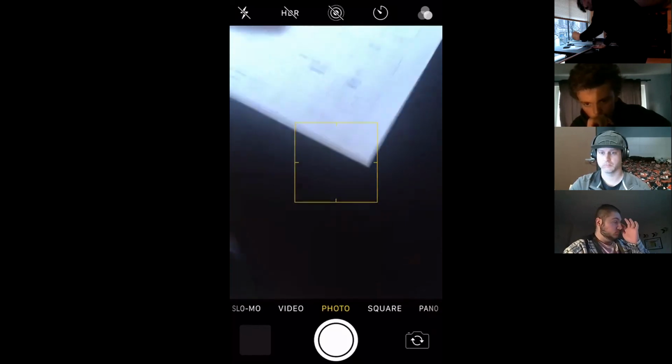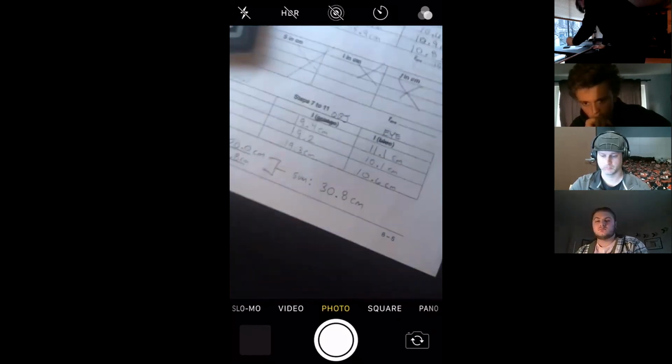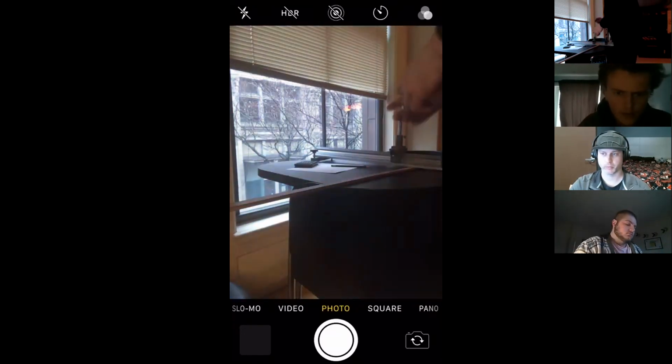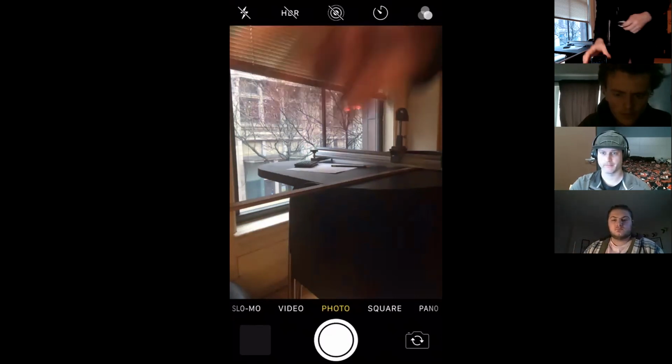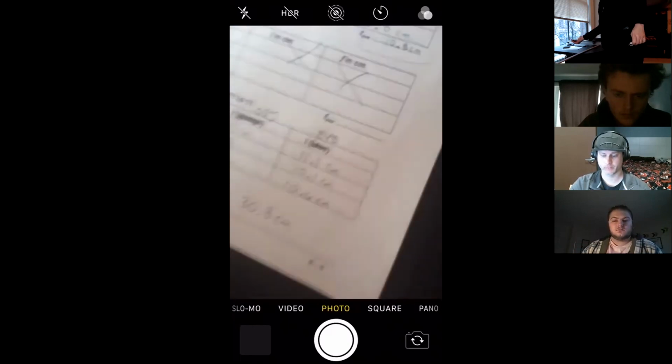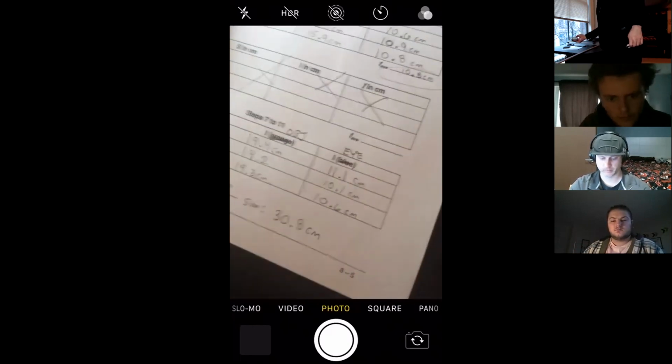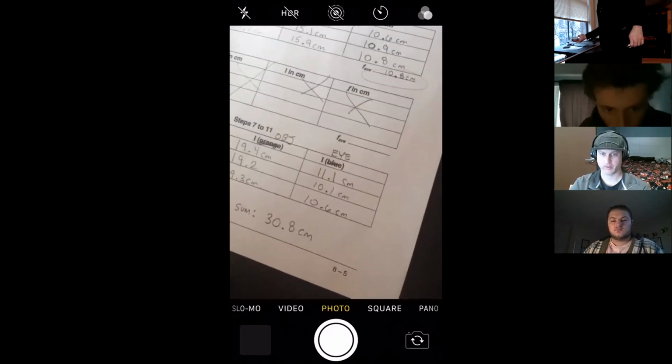How far away should I put the other one? Where should I put the eyepiece? What was 30.8? What was at the bottom of the paper? Hold on. So 30.8.